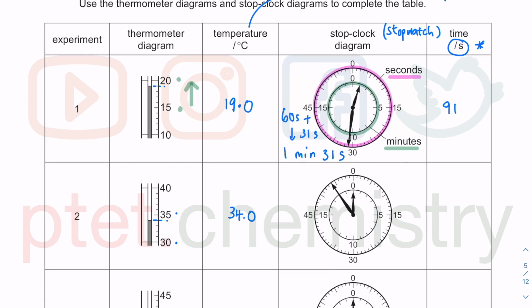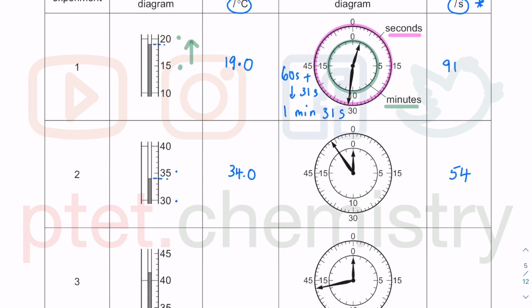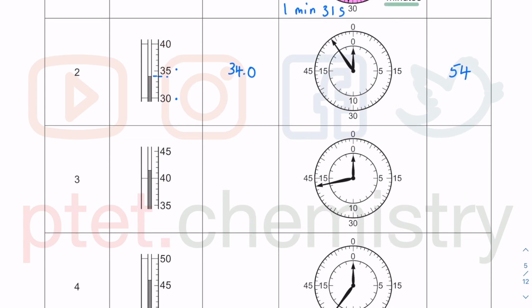The unit was already given in the question, that's why when we label our table, we have to know how to label them with the units in the header. Okay, so here what do we have? We have 0 minute, and the longhand for the second, 45, 50, 51, 52, 53, 54 seconds there. The next one, the thermometer reads somewhere in between, so you need to be careful about this.